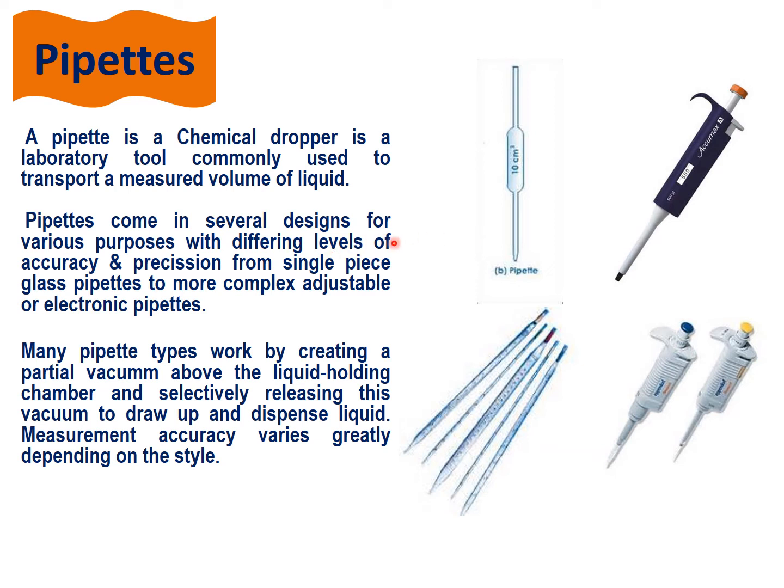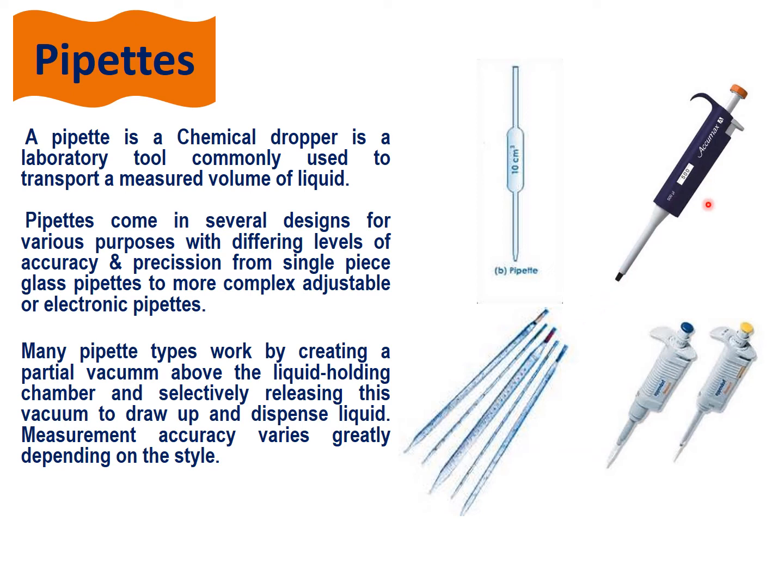Pipettes come in several designs. Here we have a 10 ml pipette, a single pipette which contains 10 ml, while there are long pipettes which are graduated, for 1 to 100 ml or 10 ml, to dispense an accurate volume of liquid.